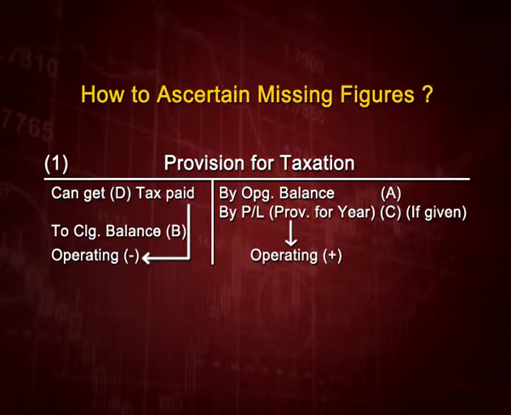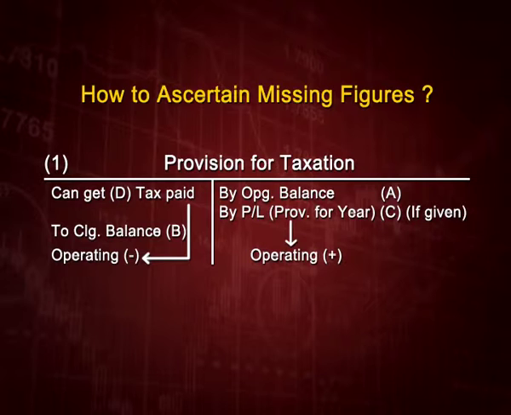Please see, provision for taxation, opening balance on the credit side, A, and closing balance on the debit side, B. If we are given provision for the year, that will be written on the credit side by profit and loss account, that is provision for the year, C part, and then we will get D part, that is tax paid on the debit side as a balancing figure.